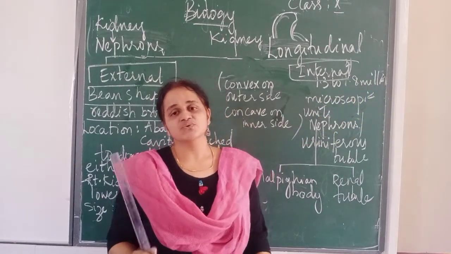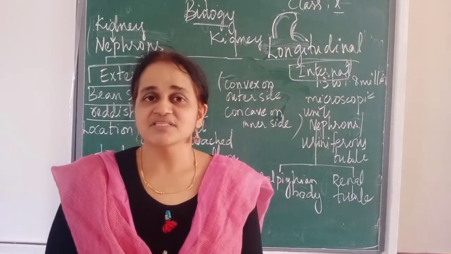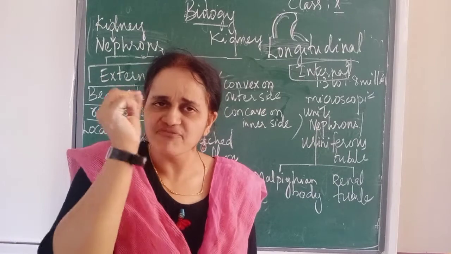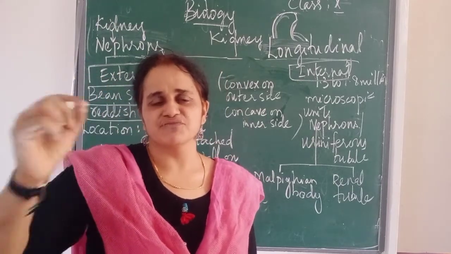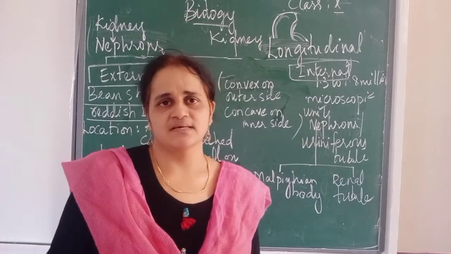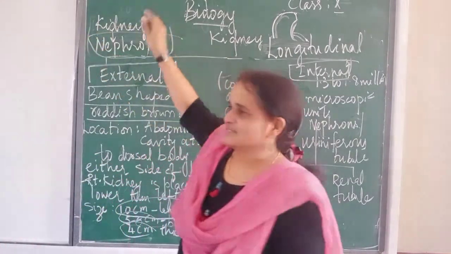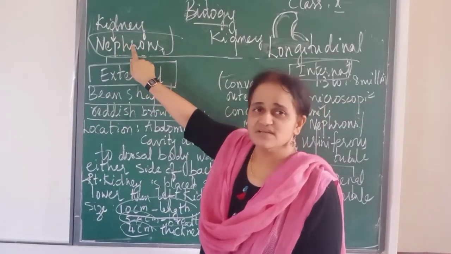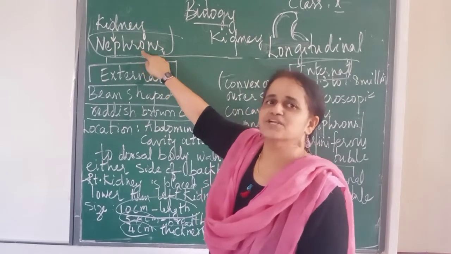Now if I ask you, kidney is an excretory organ we say, but which is that functional unit which brings about the production of urine and all this process? That is our nephron. So these nephrons are the structural and functional unit of kidney.